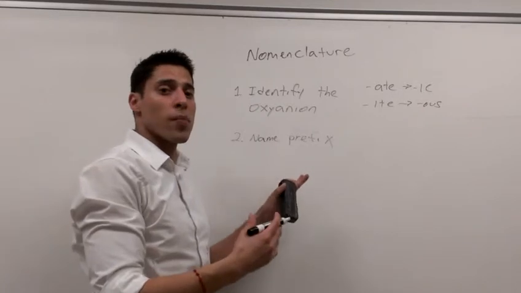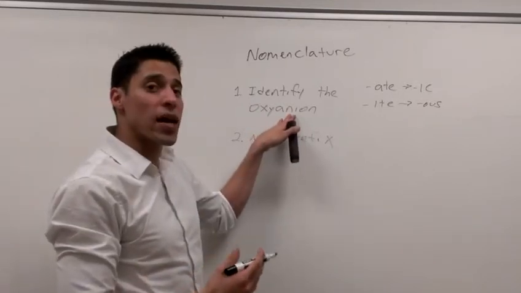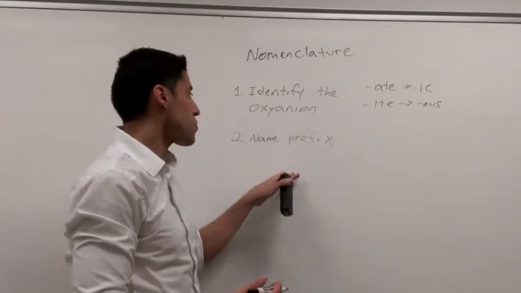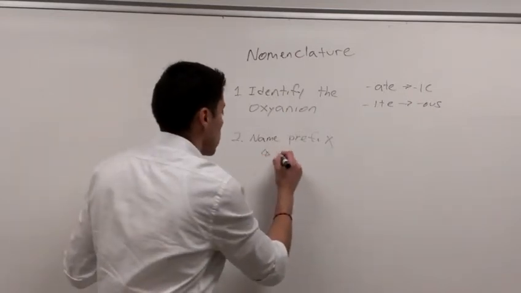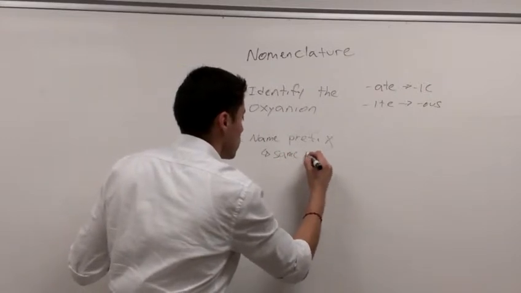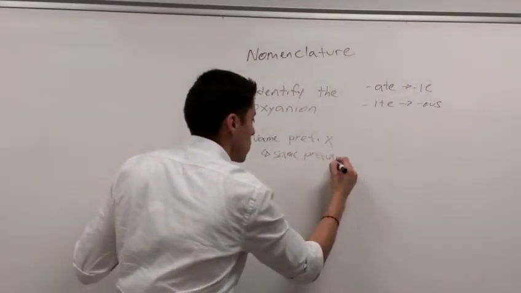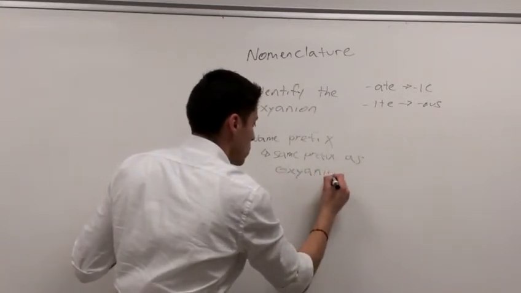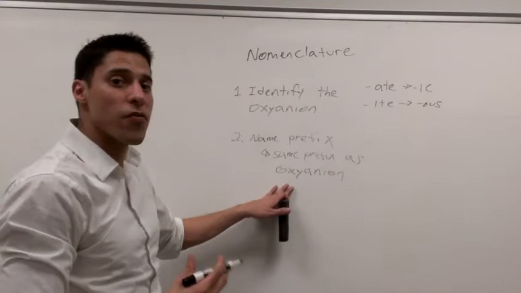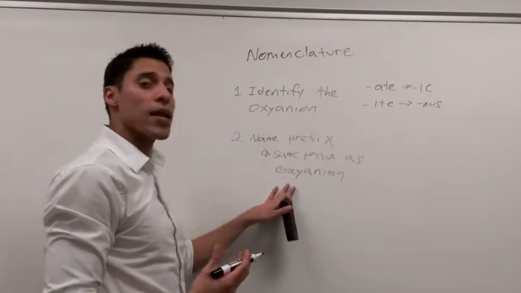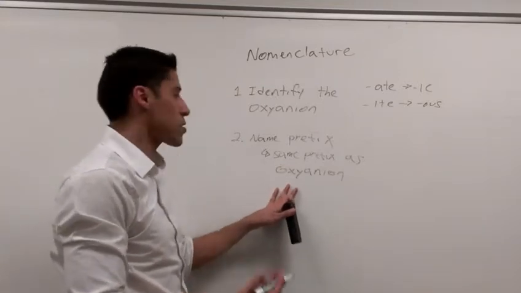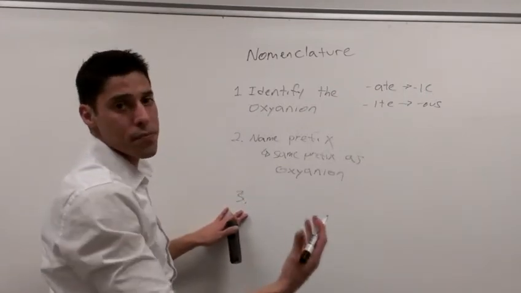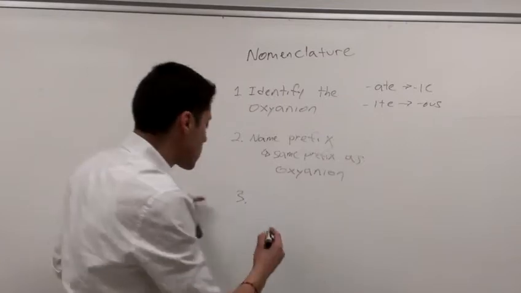The prefix is determined by whatever prefix the oxyanion has, it just carries on to naming the acid. So again, it's going to have the same prefix as the oxyanion. If the oxyanion did not have a prefix, you're not going to use a prefix. The third rule, you're just going to name the ending, the suffix.